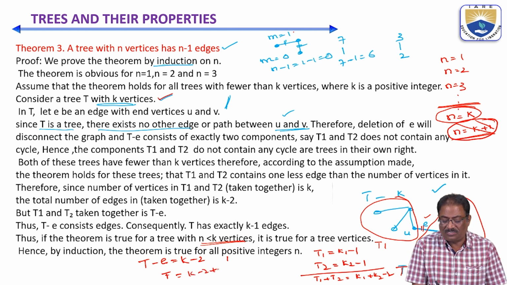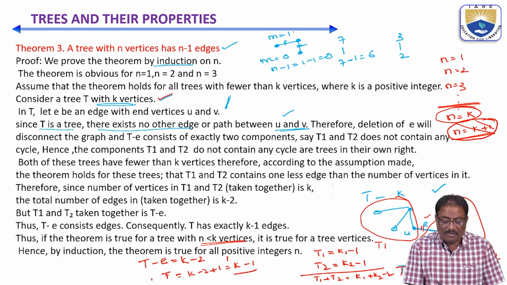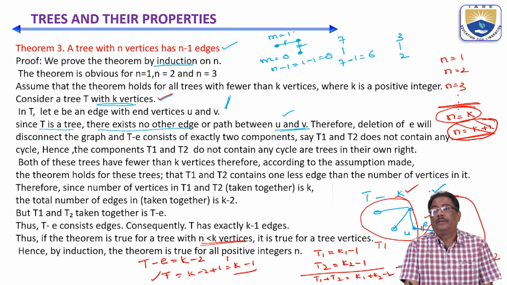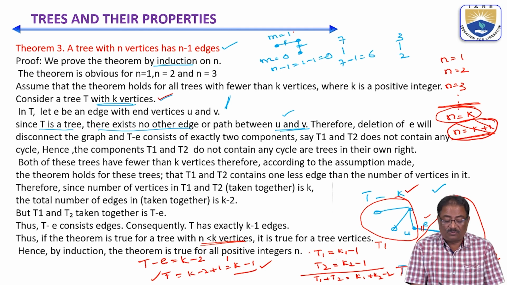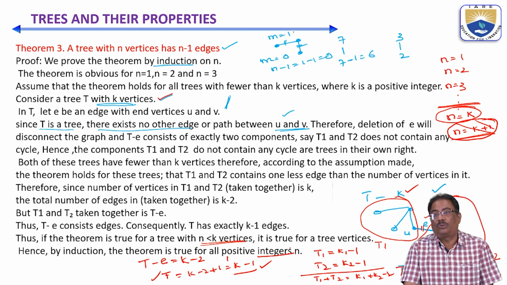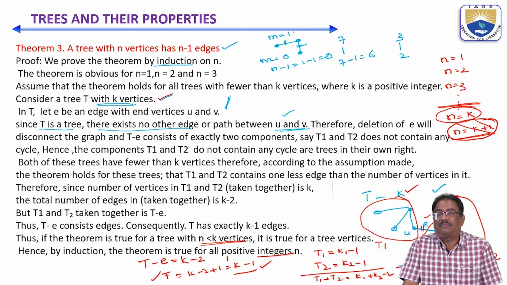So the number of edges in T is K minus 2 plus 1 edge, which is K minus 1. The tree has only K vertices, so the number of edges in this tree is K minus 1.